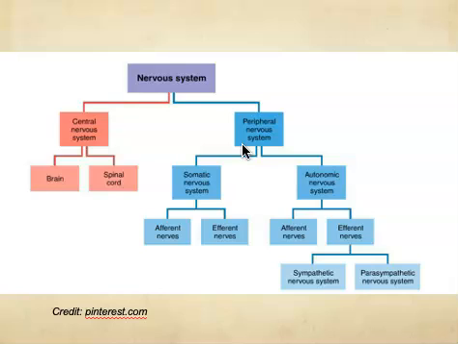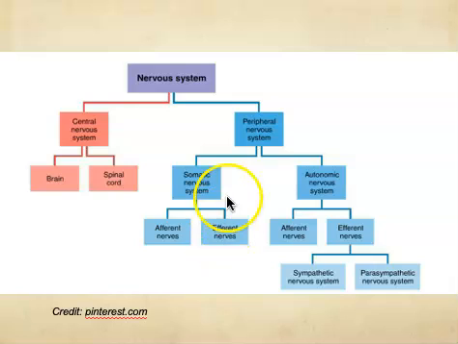And you can see on this chart, they've broken down first into somatic, which is again voluntary, and autonomic. And then they've shown that within those two branches of the peripheral nervous system, you can have both afferent and efferent nerves.